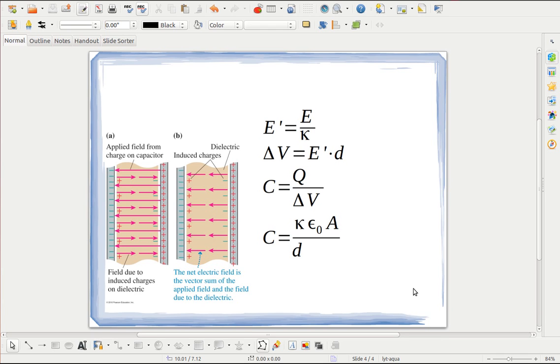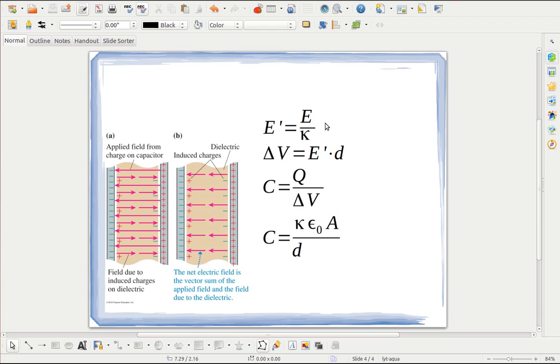The most convenient way to describe that mathematically is the top equation here, which uses kappa, a Greek letter version of K, that tells us how much the electric field gets weakened. So if kappa is equal to 5, it means that that insulating material makes the electric field 5 times weaker.